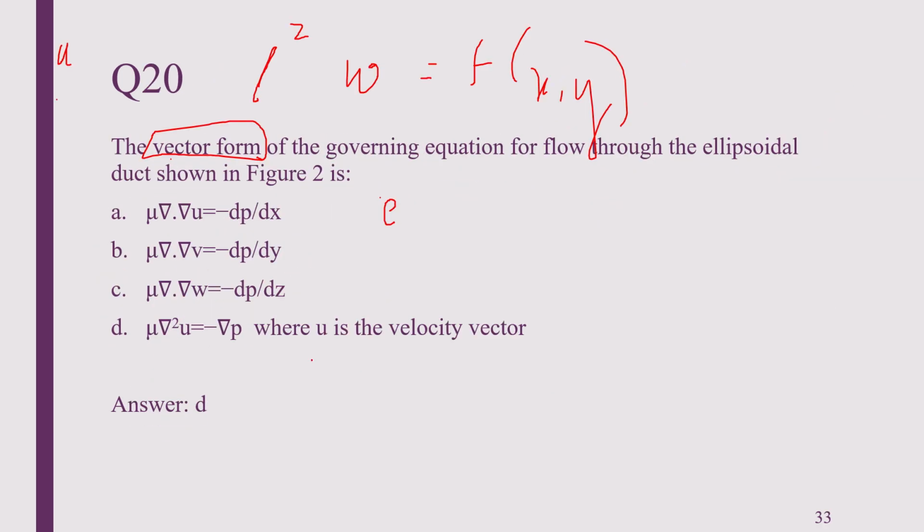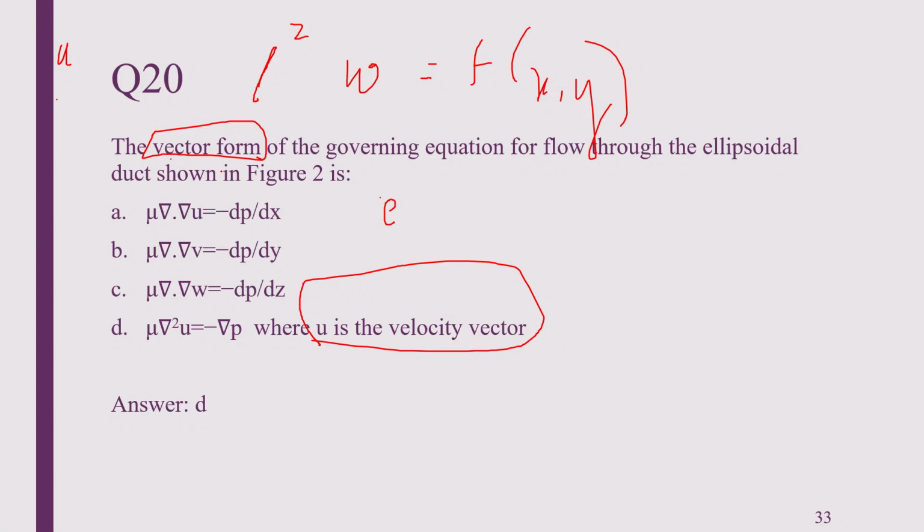So u is the velocity vector that is given. In this question it is not asked to write the governing equation in terms of the u, v or w component of the velocity. Rather it is asked to write it in the vector form. Option A is mu del dot del u is equal to minus dp by dx, option B is mu del dot del v is equal to minus dp by dy, option C is mu del dot del w is equal to minus dp by dz, and option D is mu del square u is equal to minus del p.